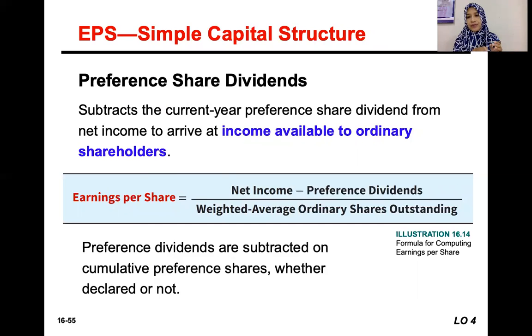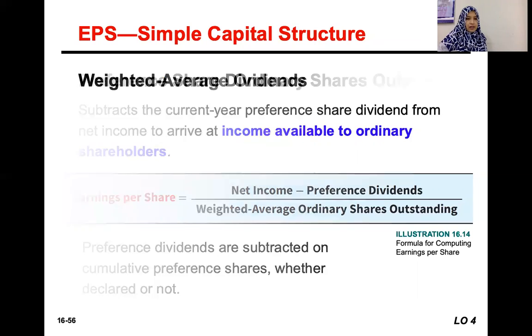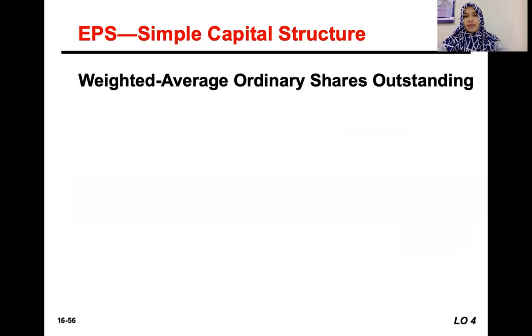We calculate the weighted average because ordinary shares could be issued at different dates, so we need to calculate how long each has been outstanding. The preference dividends need to be deducted from the net income whether declared or not, for cumulative preference shares.